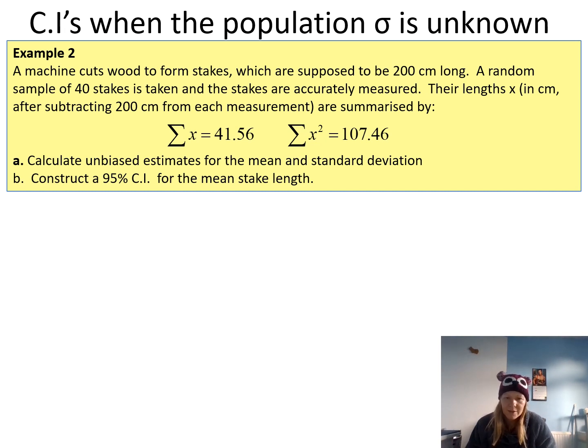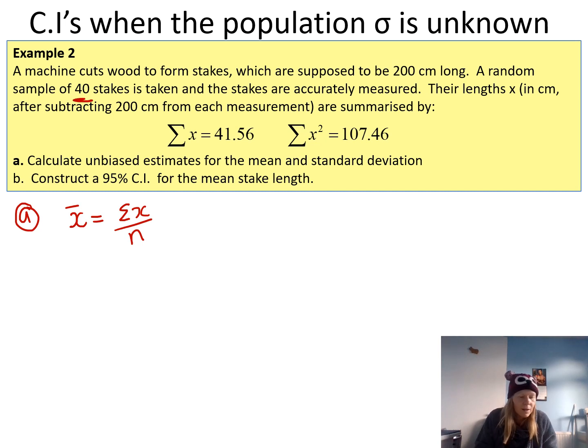It says calculate unbiased estimates for the mean and standard deviation. Okay, off we go then. A. Unbiased estimate. Right, so mean x bar will equal sum of the x over n, and our n is 40.